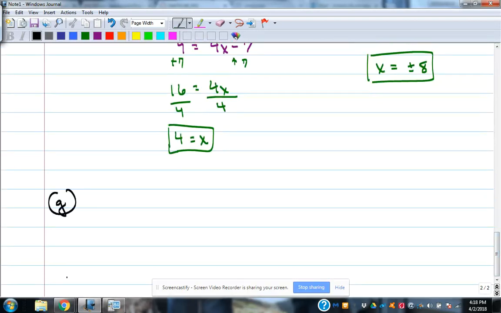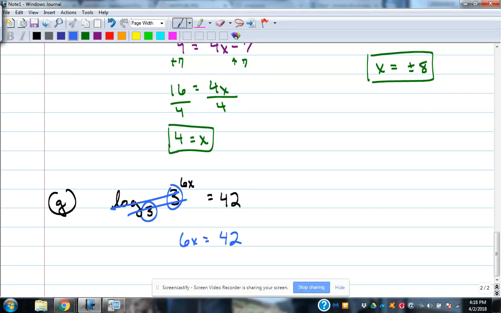All right, let's do log base 3 of 3 to the 6x equals 42. Here's one of those log properties showing up that really makes things a lot easier. Anytime the base matches that number, they cancel each other out. That 6x equals 42. That makes it so much easier, right?